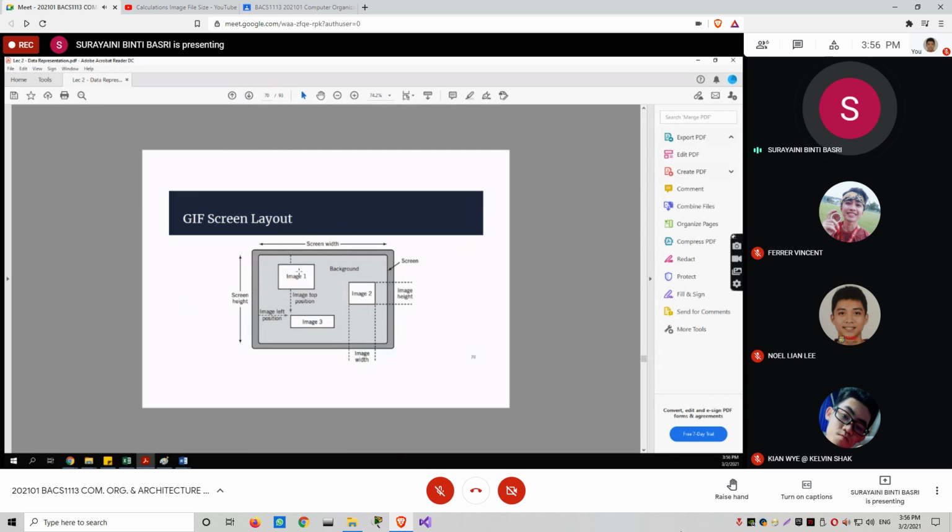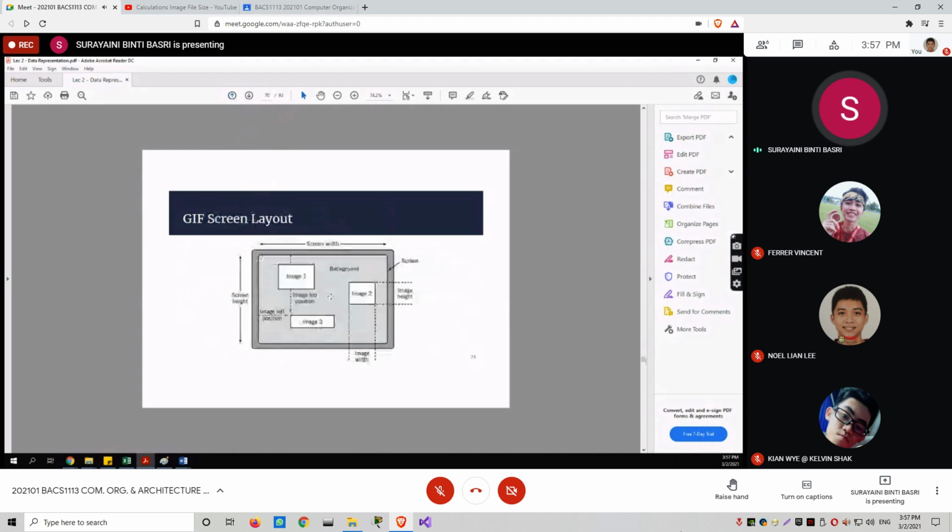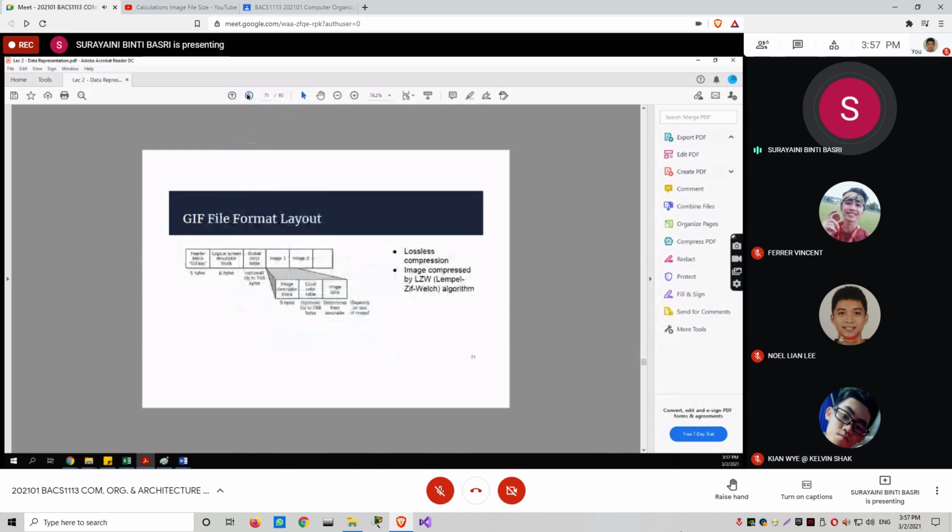It will store the width and the height of image one, and all the information will be collected and then put in the 9 bytes of data. Okay, so it will be continuous. So if there are 100 images in this screen, there will be 100 blocks of image continuously here.